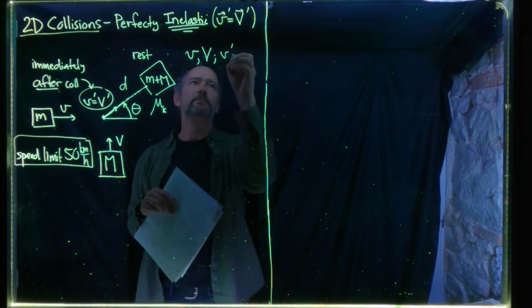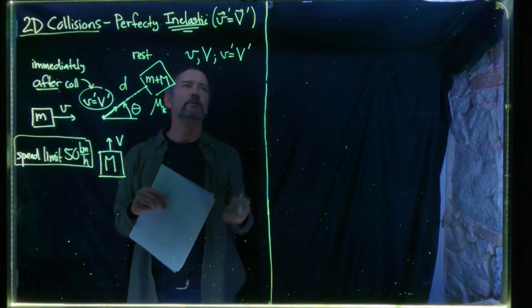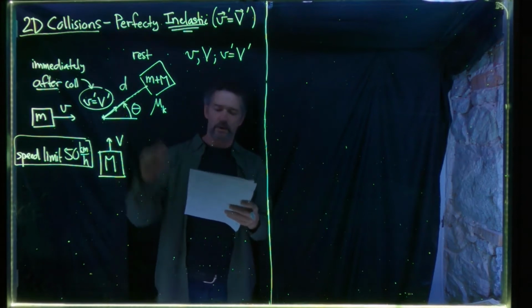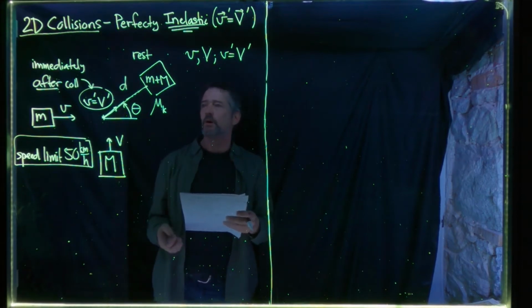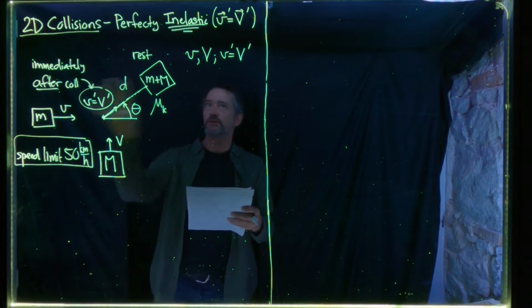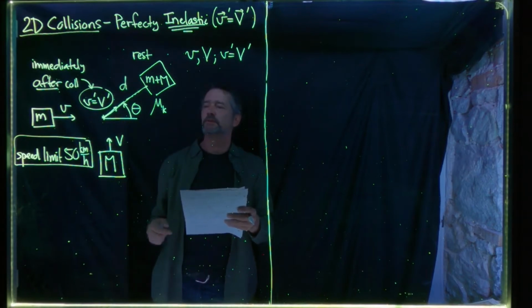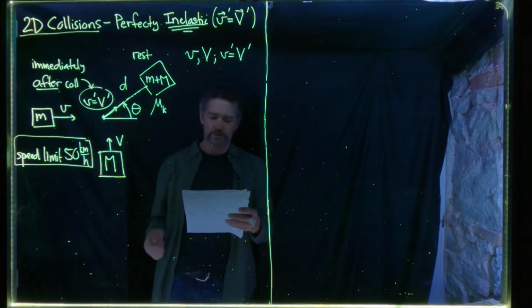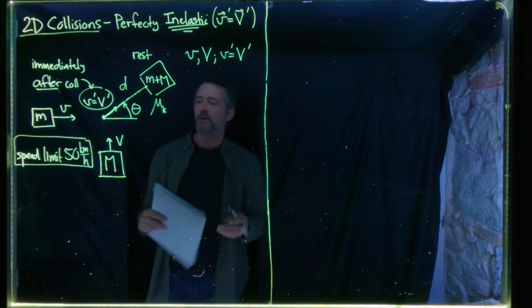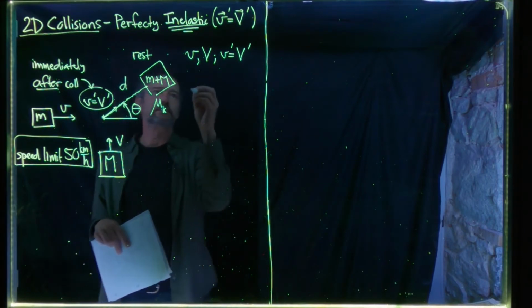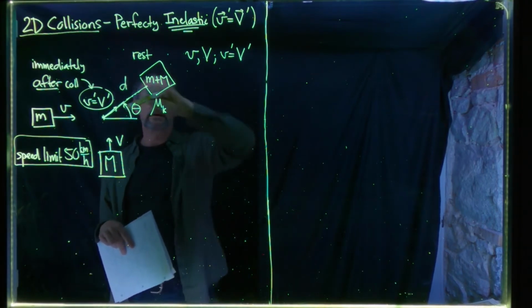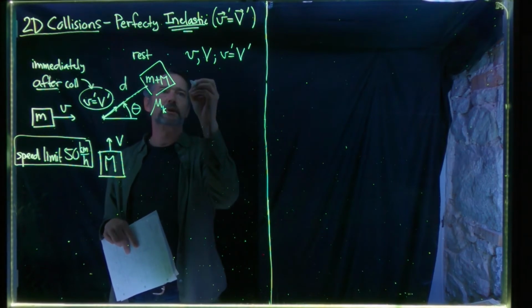So there is a v prime, little v prime equal big V prime. We don't know what that is. None of those things are known here. So we ask ourselves the question, a police officer comes onto the scene, and what information could the police officer get about this situation? Well, one thing that the police officer could measure is the angle theta, for instance, which they take off like this. So let's put that over here, theta.